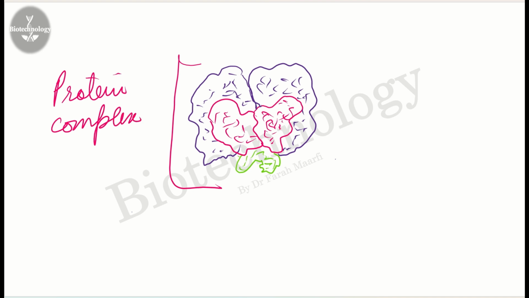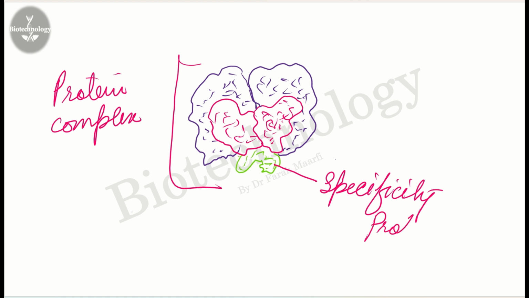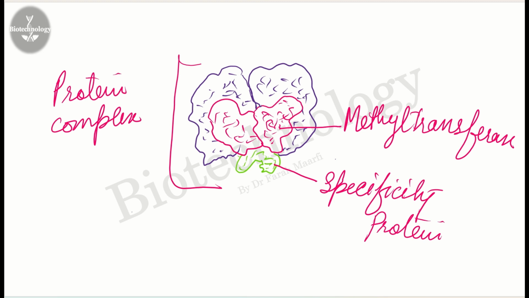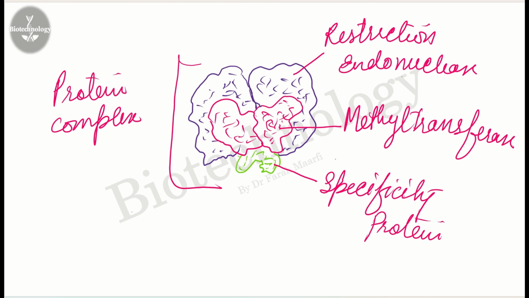The complex specifically consists of 3 different types of protein: specificity protein, then this pink colored subunit represents 2 subunits of methyltransferase, and third is 2 restriction endonuclease subunits.